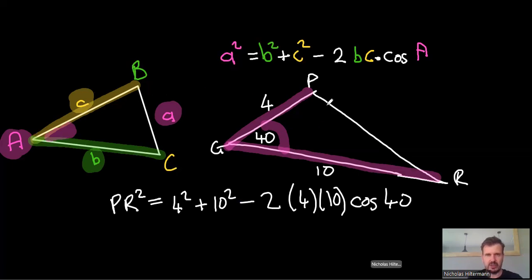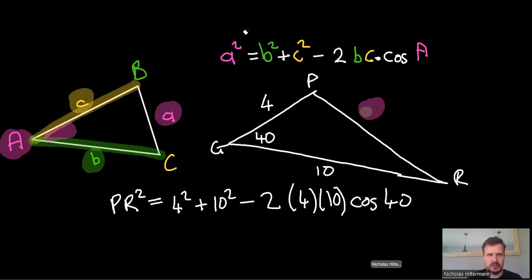But initially, you'll actually make a note in this formula here, so you'll do the colors. In pink, I've got the A and the opposite side A, so that's that and that.